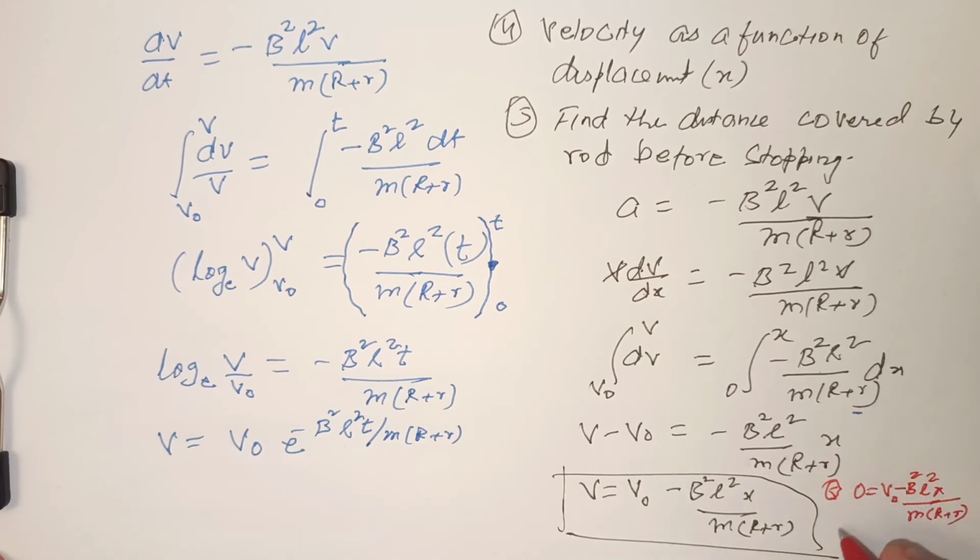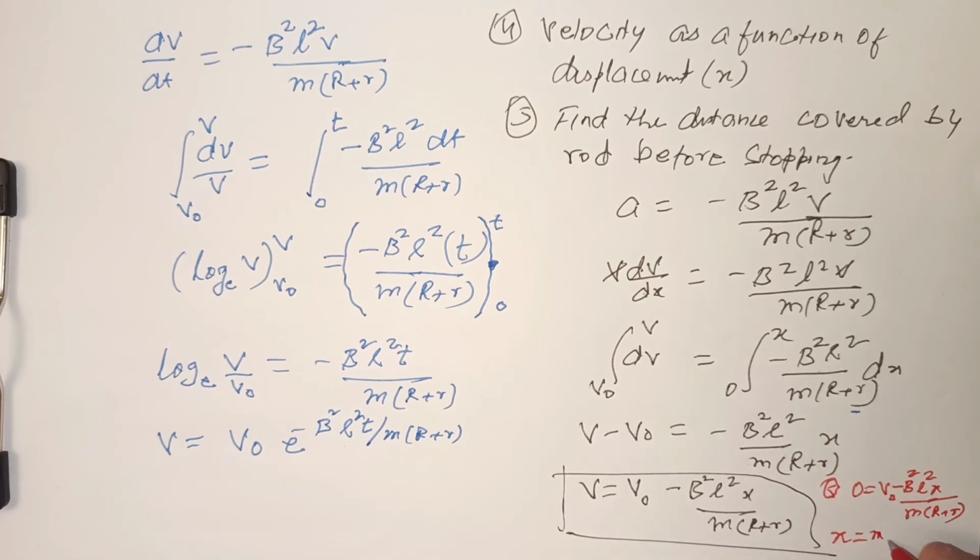Or further we can just find the value of x. So x will come m v naught into R plus r by B square L square. So this is the fifth portion. Okay, so this ends here.